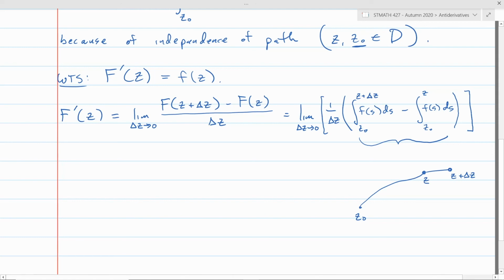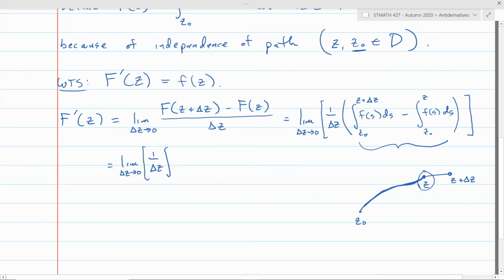Because of that, the first integral only depends on what happens at Z naught and Z, and the second one depends on Z naught and Z plus delta Z. We're taking the whole thing minus the shorter thing, so the part in the middle cancels off, and we're just left with this much of it.